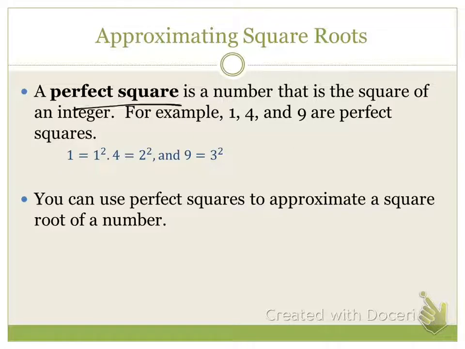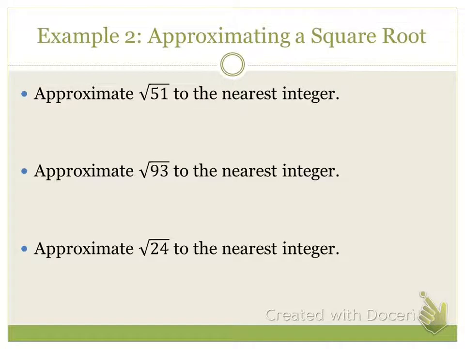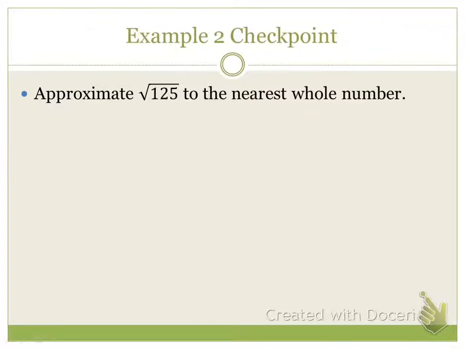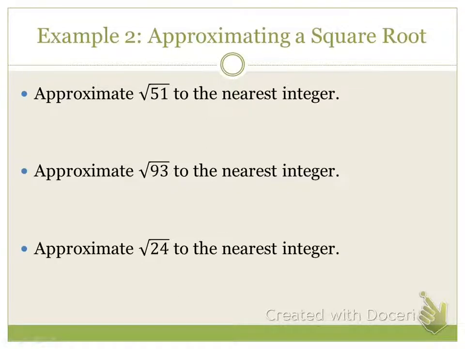Everybody with me? Okay. So now, are these numbers here, 51, 93, and 24, perfect squares? No, they're not. But I can look at that number and ask myself, okay, 51 is not a perfect square, but what is the closest perfect square to 51? 49.